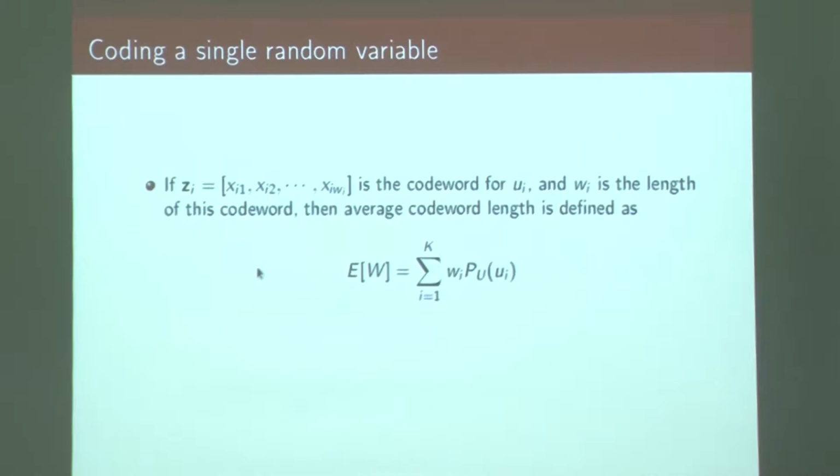This is my expected code word length. Now, how do I define the goodness of a code?